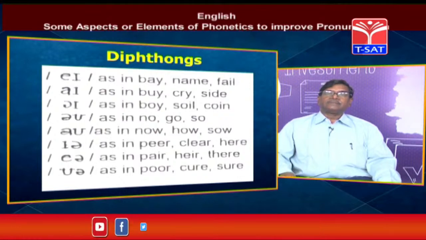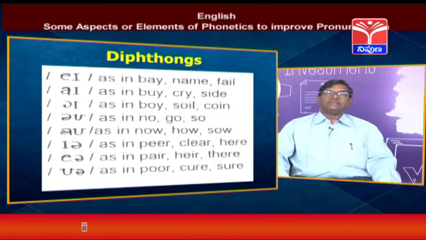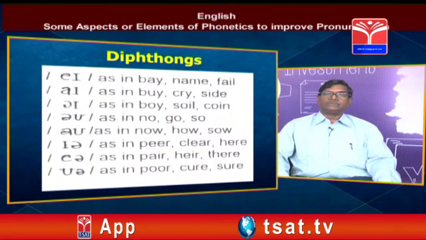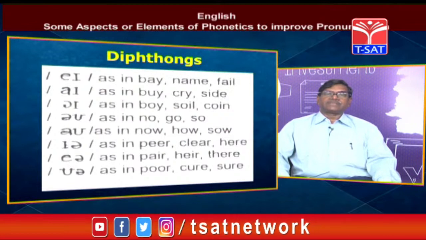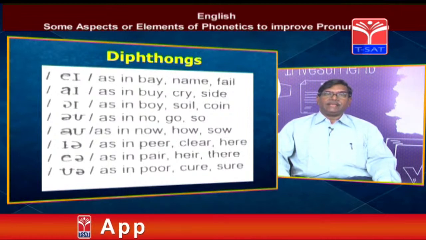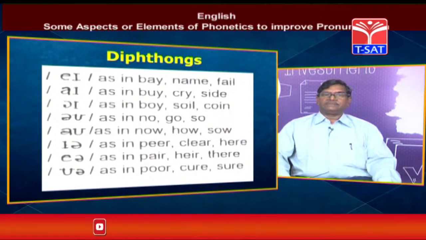Similarly, another diphthong or double vowel sound, oi, starts with O and ends with E: boy, soil, coin, oil. So, in all these cases we have oi. These three diphthongs end with the E sound.